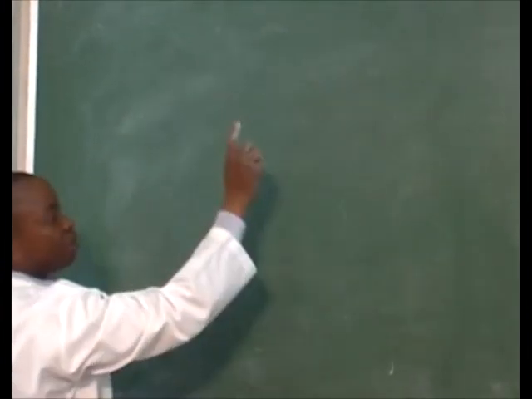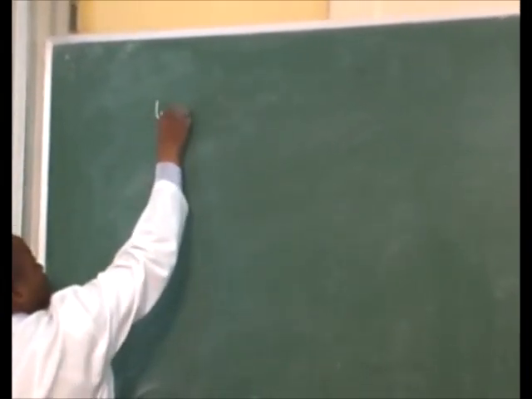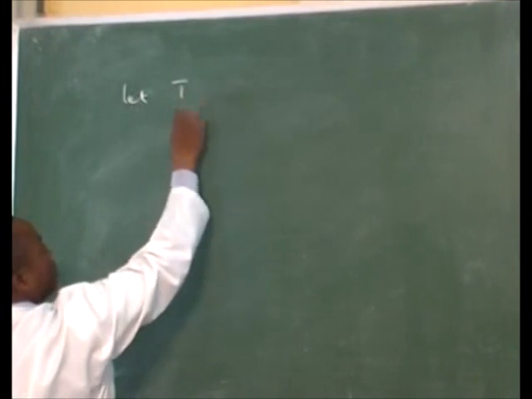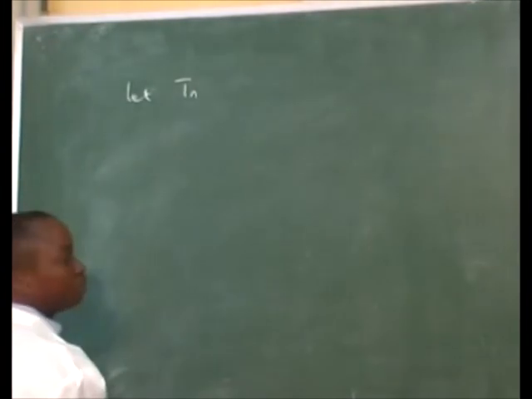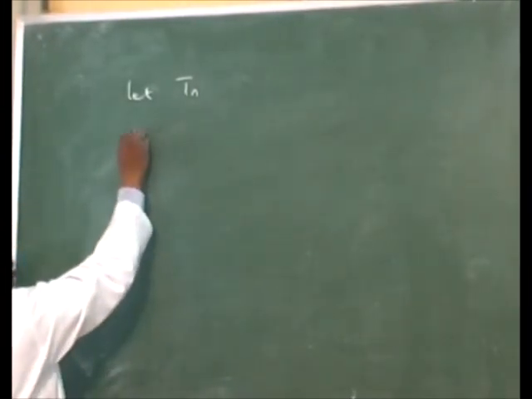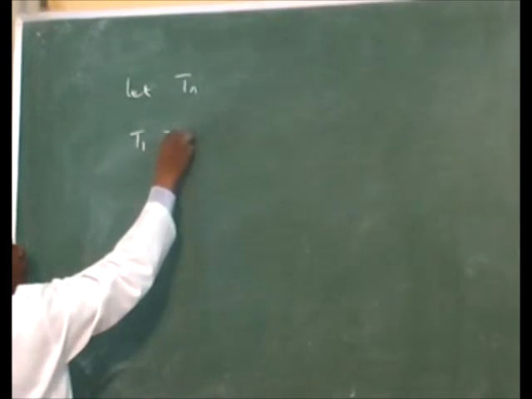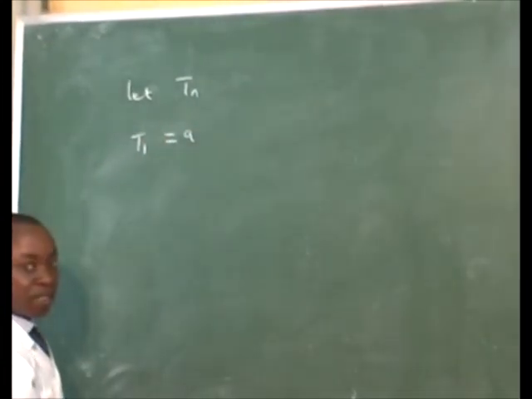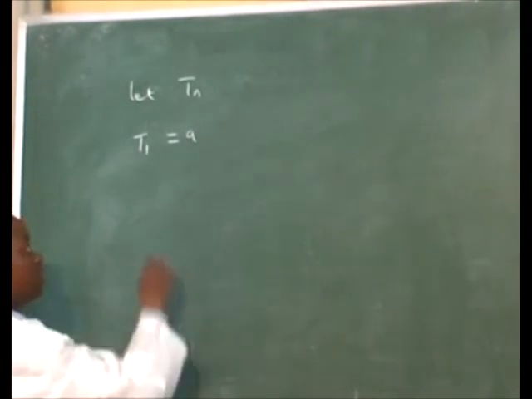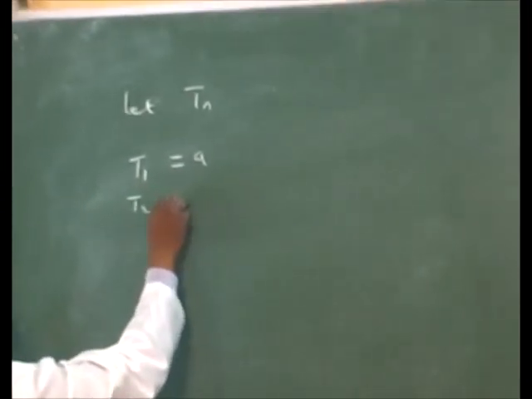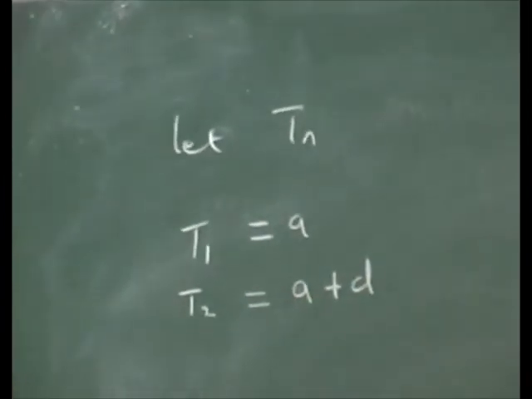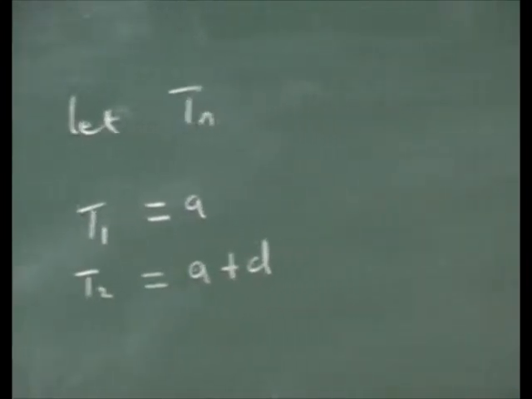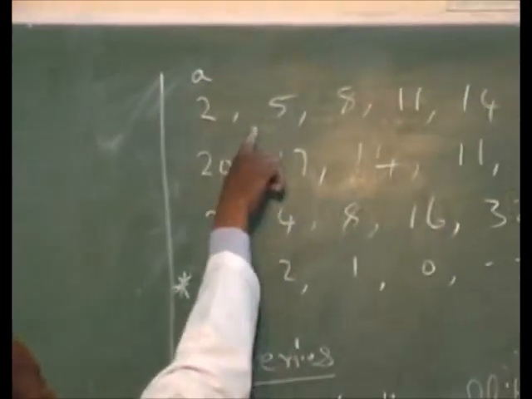Now, if we have said that the first term of an AP is denoted by A, let Tn denote the term, so that T1 will be equal to A, because that is what we said, that the first term will be A. Now, T2 will be equal to A plus D. This is the first term, so what happens to the second?